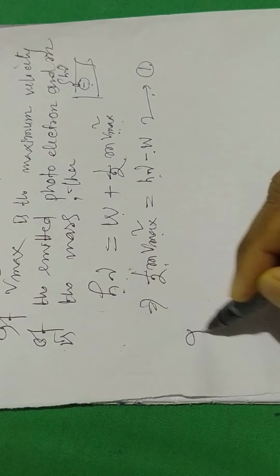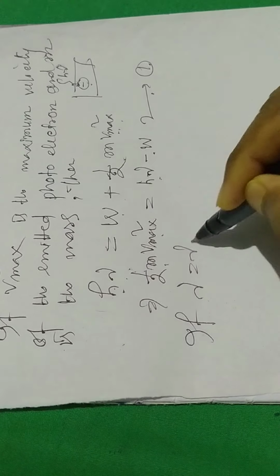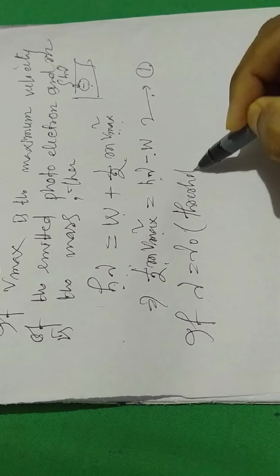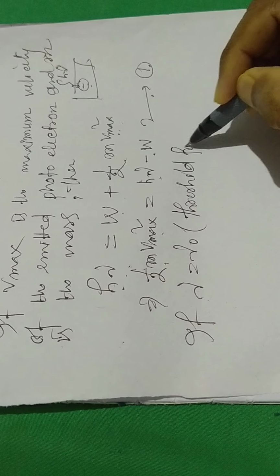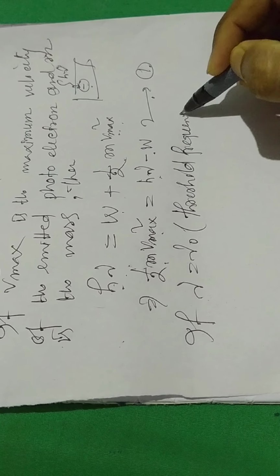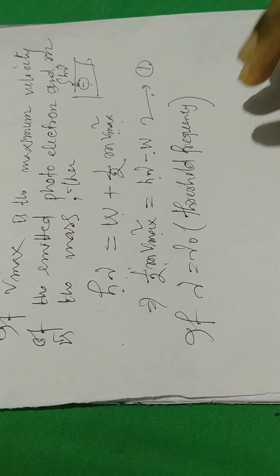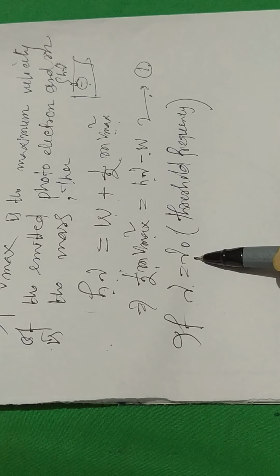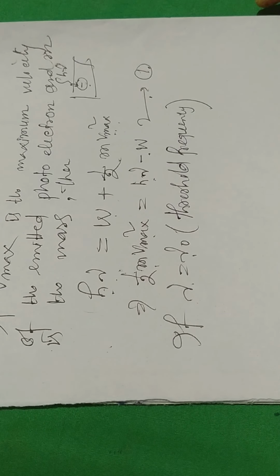Now if nu equal to nu naught, meaning threshold frequency. What is threshold frequency? I already discussed threshold frequency in my previous video. It is the minimum frequency of the incident radiation below which no electrons are emitted from the metal surface. So at this frequency no electrons are emitted.